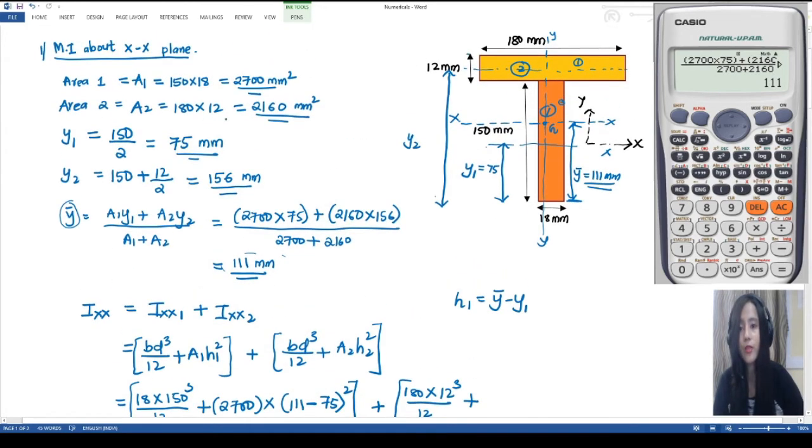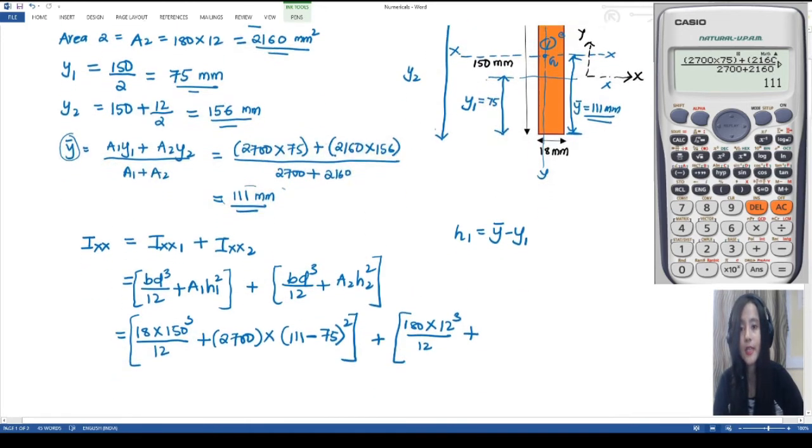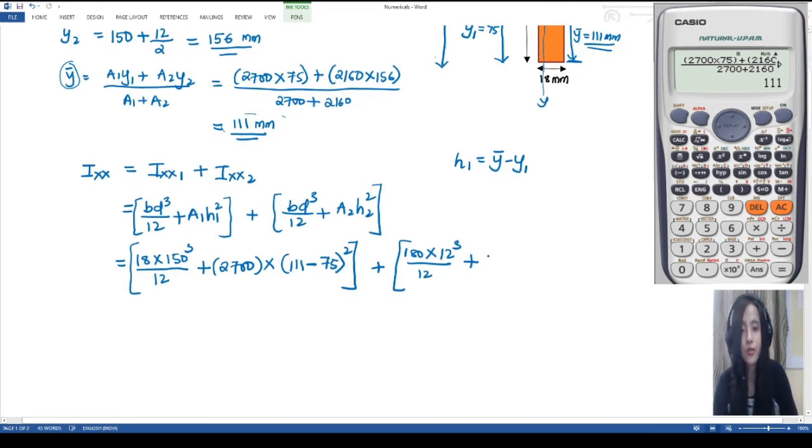Area 2 we found equal to 2160 into, now my H2 will be equal to y bar minus y2, right? So y bar is 111 minus y2, which was 156 mm. So 156 mm the whole square.